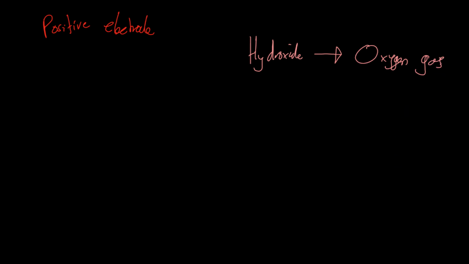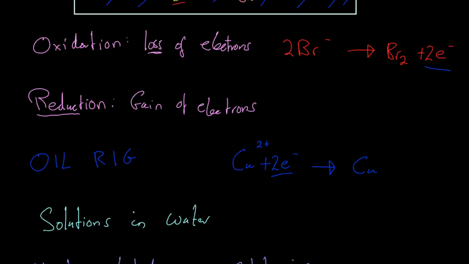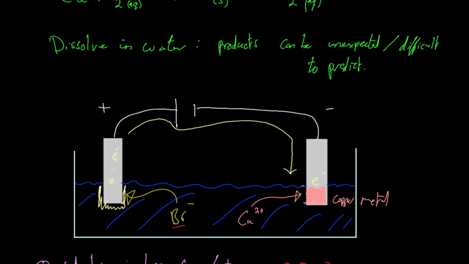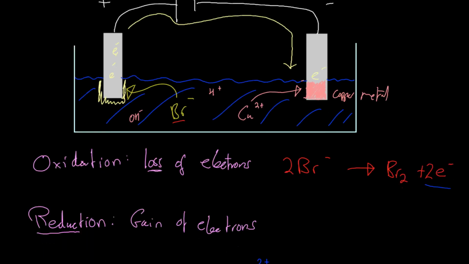But if we go back to our example up here, what did we actually form at the positive electrode? We formed bromine, not oxygen gas. There will be hydroxides and H pluses in solution buzzing around from water, but we had bromine form here. Why was that?